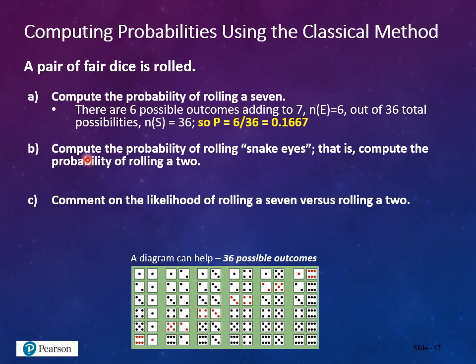Now we're ready to do the second piece, which is to compute the probability of rolling snake eyes. Snake eyes is this one up here where it's 1 and 1. Well, there's only one outcome that is snake eyes, or 2, out of 36 possibilities. So 1 out of 36 equals 0.277.